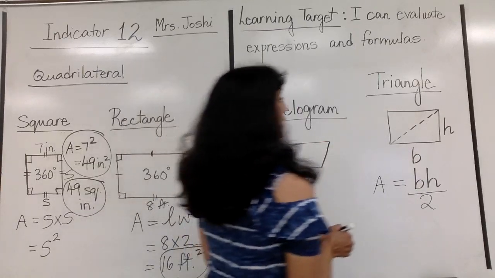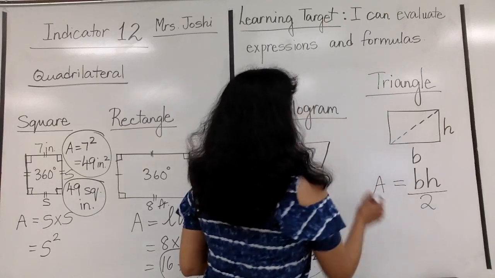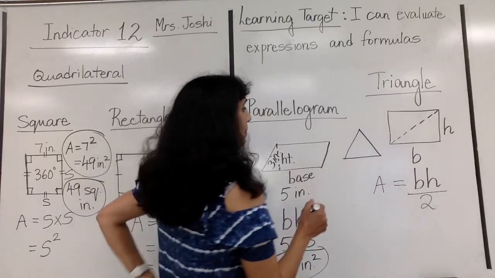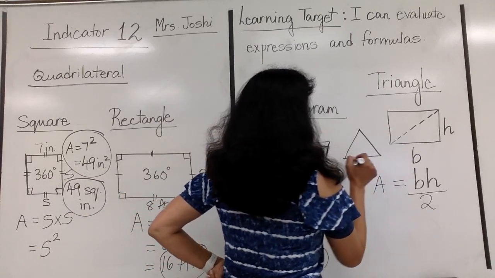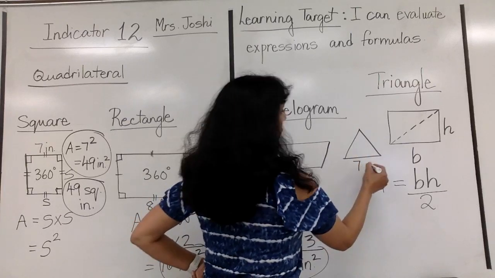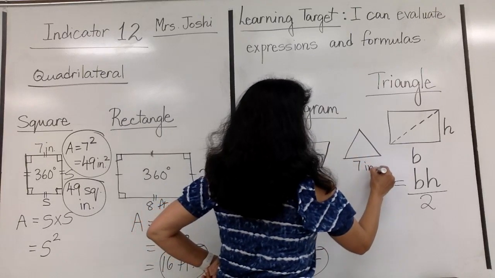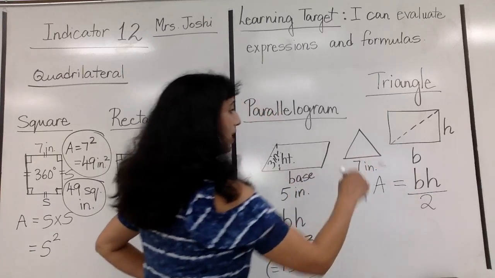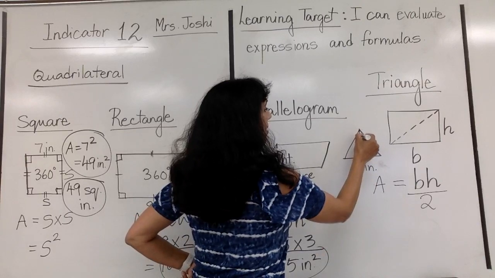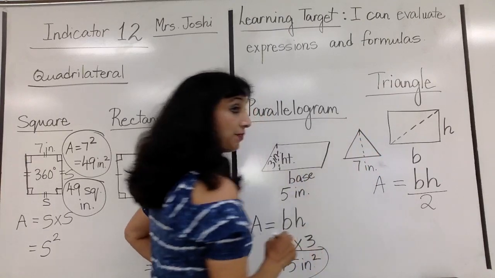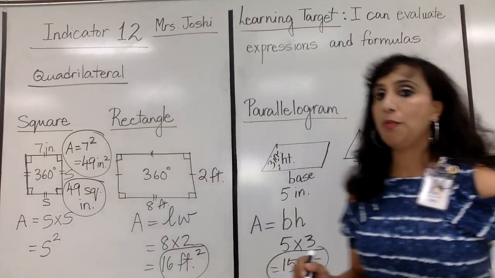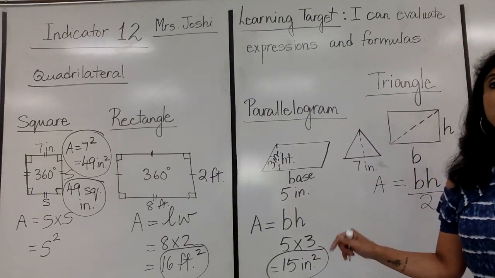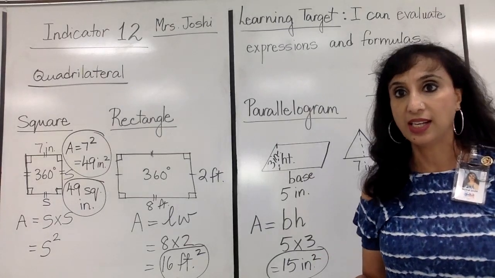So if I had a triangle, let's say I take any triangle and my base is 7 inches, because that is a side. And then height is always given like this. Okay, if they give you a measurement on the sloping or the slant of the triangle, please do not use that for the height.